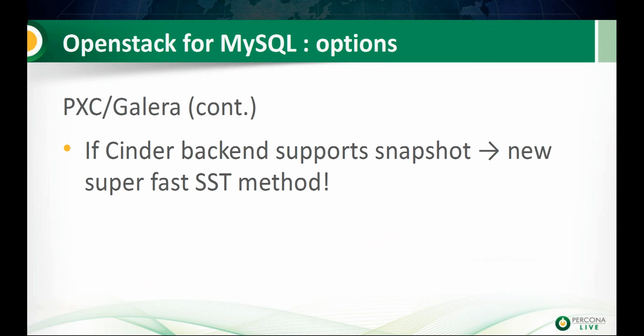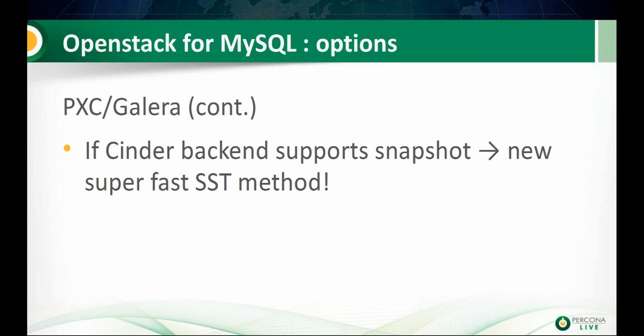When a new node joins an XtraDB cluster, or if the node was down or had bad data, it needs to get a copy of the data set. And that is expensive. The most efficient way right now is to use XtraBackup, but even then it puts a load on the cluster. So a good way would be to use snapshots.